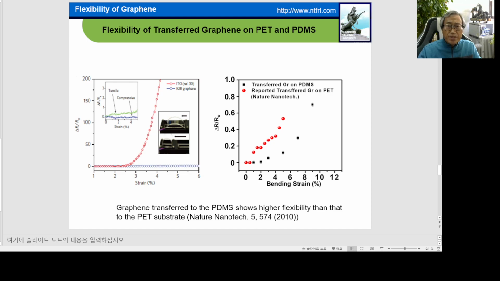Compressive strain is stable, but in the tensile case, with only 1% bending strain, the resistance rapidly increases. This one is our graphene, also transferred on PDMS, and this is reported data. Comparing with that, the flexibility is somewhat different depending on the substrate. So I want to show that.